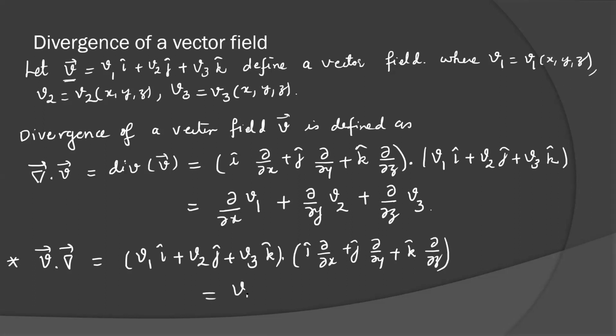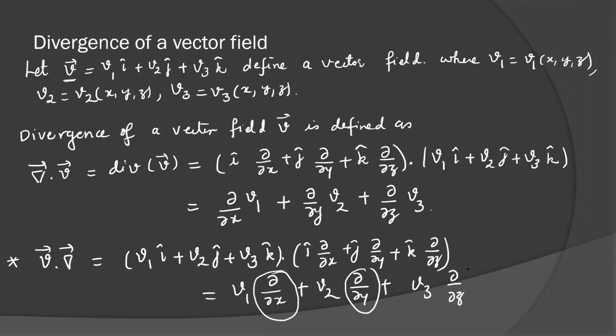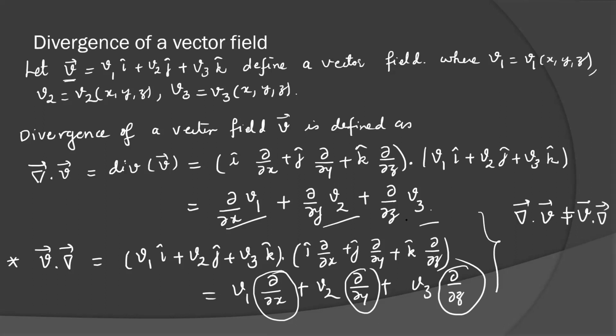So it is equal to v1 del by del x plus v2 del by del y plus v3 del by del z. The differential operator is not operated on any function here, but v1, v2 and v3 are multiplying it. It means del dot V is not equal to V dot del. Remember this: del is an operator here and V is a vector here.